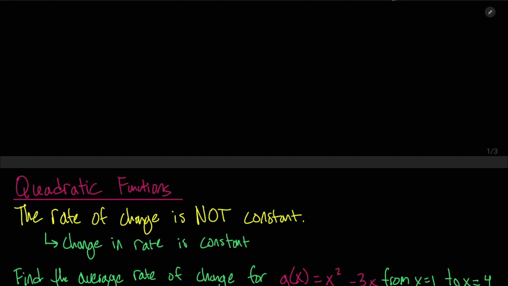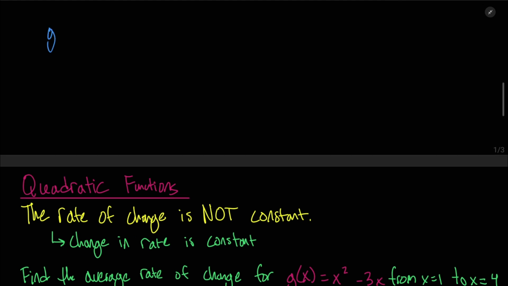X squared minus 3x. So we're just going to do the same thing. We can use the same formula. We're going to plug in g of 1. And that's going to be 1 squared minus 3 times 1. Okay, let's solve that out. What's 1 squared? That's 1 minus 3 times 1.